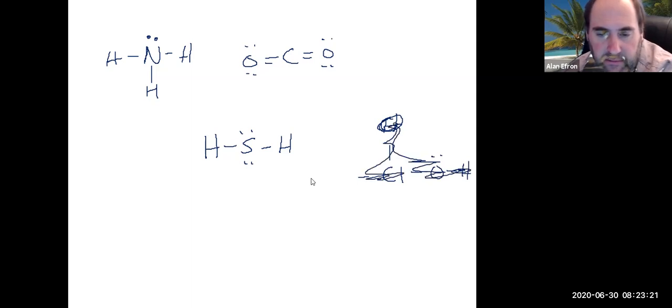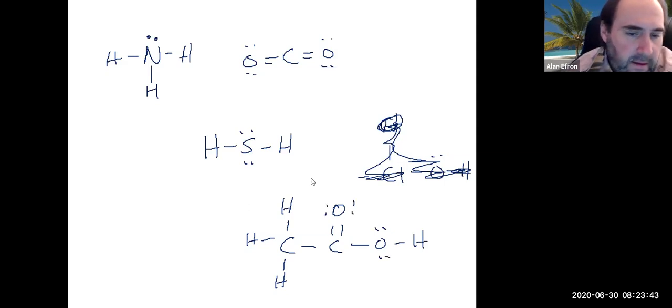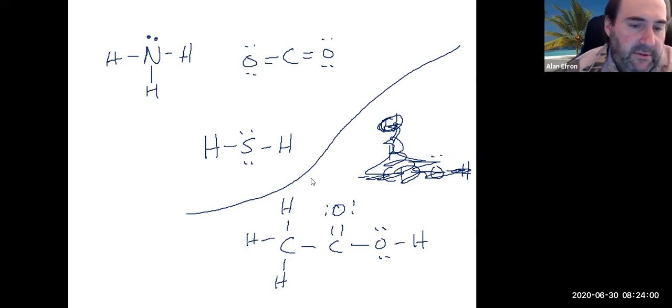Let's do this one. Let's talk about this one here in just a second. Okay, so if we look at these guys here, just to look at some geometries, why don't you take a second and, on the first three there, figure out the electron pair geometry and the molecular geometry and see what you come up with.